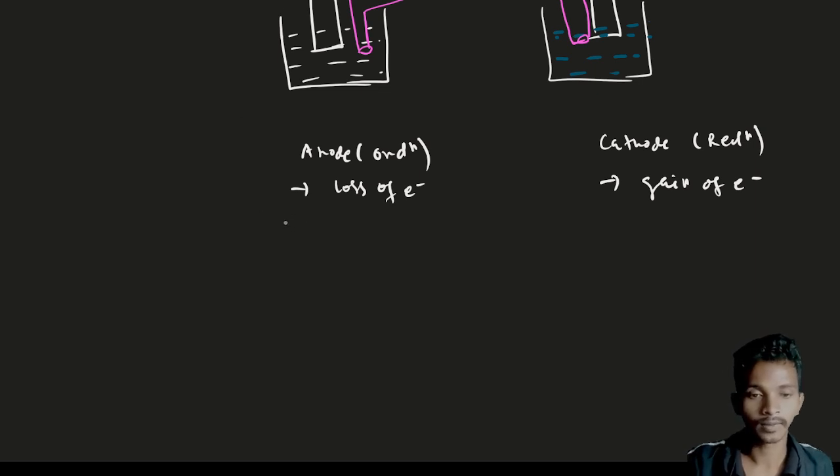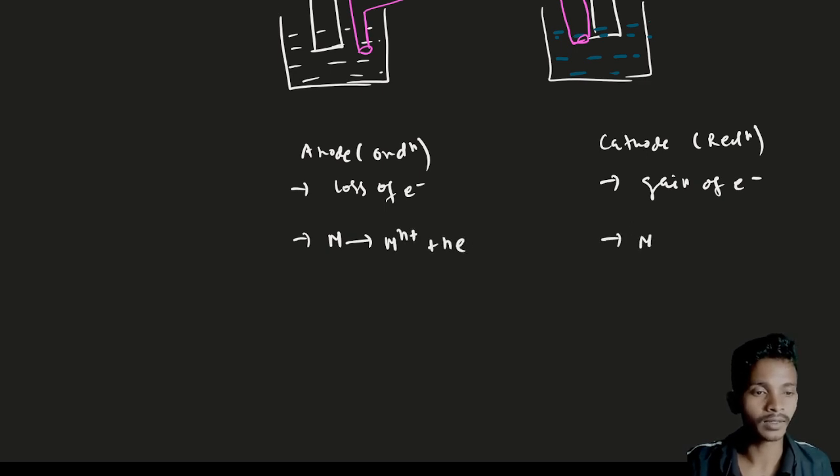Let's say the metal will lose electrons here, and here the metal will gain electrons.